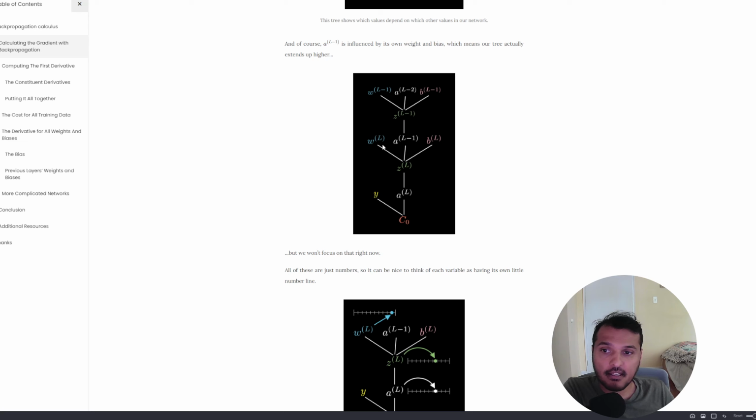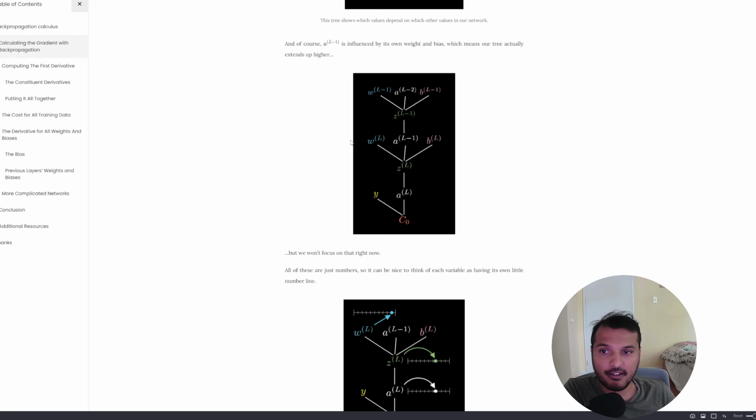So here the previous layer came, and then you get the fully connected layer output, the matrix multiplication Z, you apply some activation, you get A. Then that is passed to the next layer again.